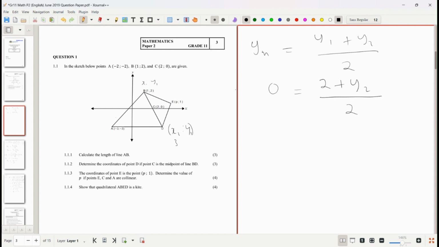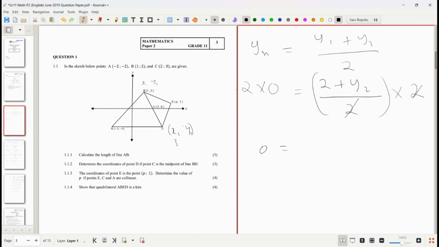We can do the same thing. We can multiply both sides by 2 so that we get rid of the 2 here. Put brackets. We multiply by 2, and here we also multiply by 2, right? So 2 multiplied by 0 is 0, and then these will cancel here.